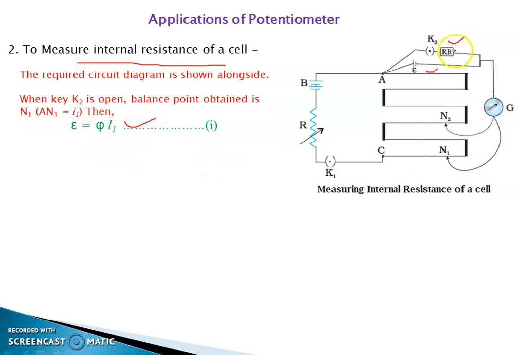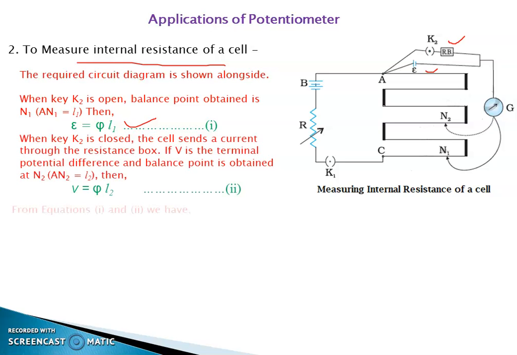Now connect resistance R from this resistance box. The potential difference of the cell becomes the terminal potential difference. Then we get V is equal to phi L2, where V is the terminal potential difference. Now divide equation 1 by equation 2, and we get E by V is equal to L1 by L2.